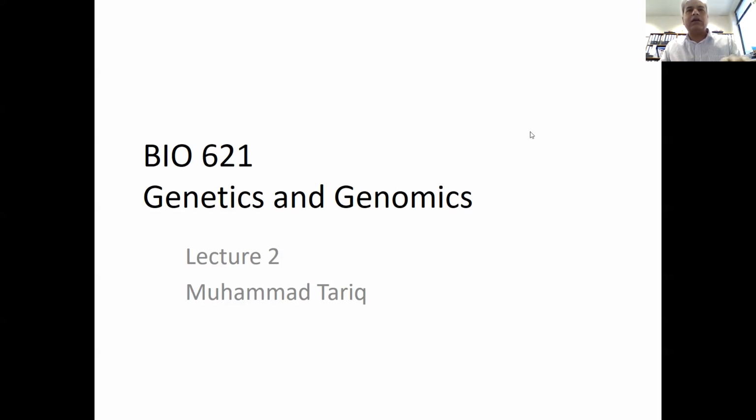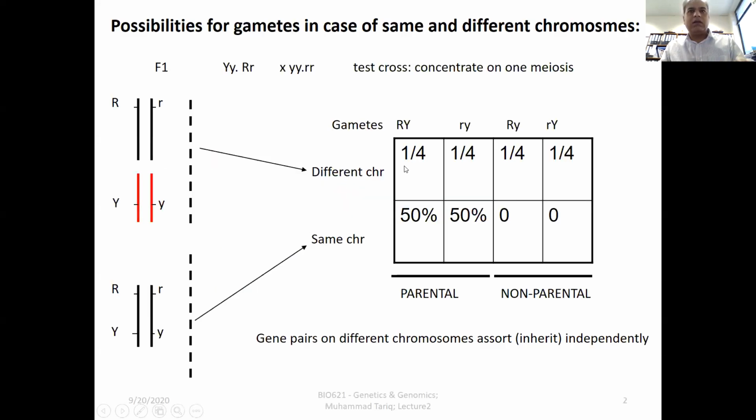Last time we talked about the discovery of the chromosomal theory of inheritance, and we discussed a very important question which Morgan's lab came across: what happens if genes reside on independent chromosomes, or if they reside on the same chromosome?